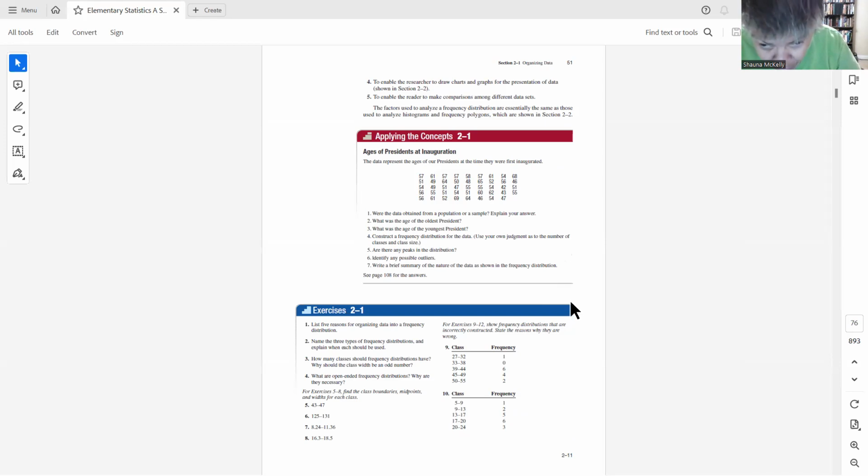When we construct frequency distributions, grouped frequency distributions, we have class limits and class boundaries. Class limits do not overlap. Class boundaries do.